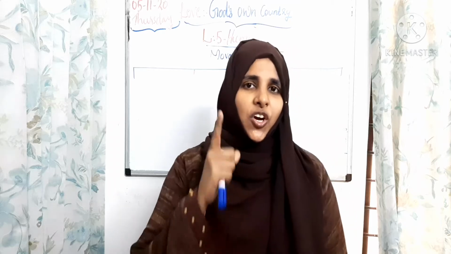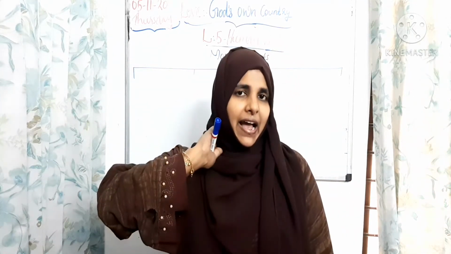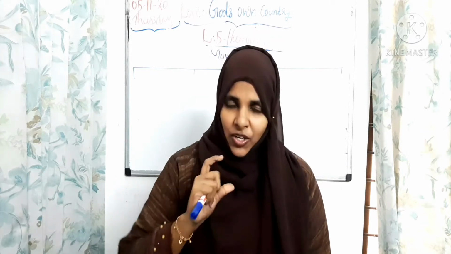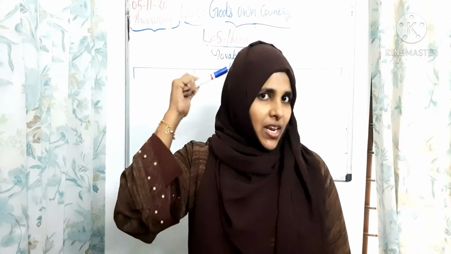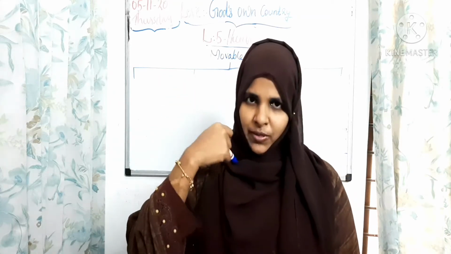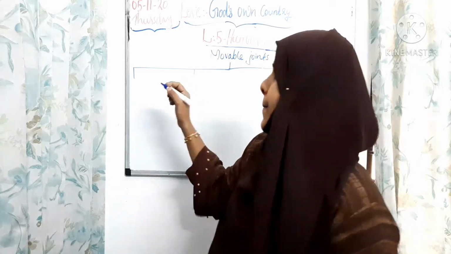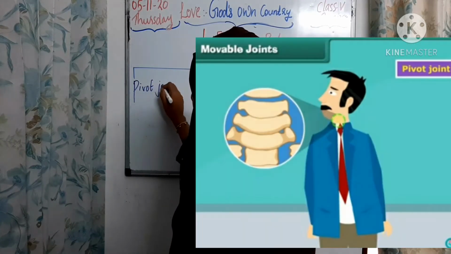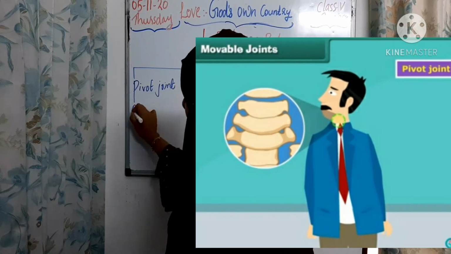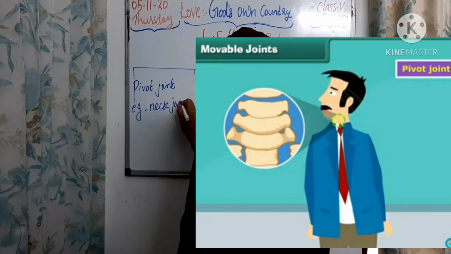There is one joint between our skull and vertebral column. These are the two bones, right? That joint we call the pivot joint. Okay, P-I-V-O-T, pivot joint. Is that clear to all of you? An example is the neck joint.